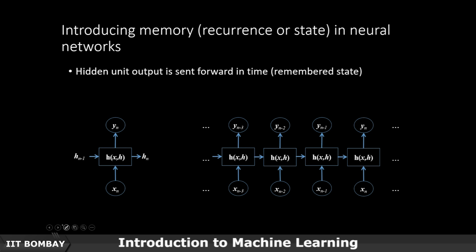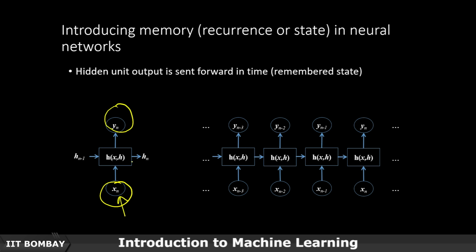So this brings us to something called a recurrent neural network. These recurrent neural networks remember and pass the information to future inputs. For example, let's say we have an input x of n at time instance n, and we are trying to give an output y of n.